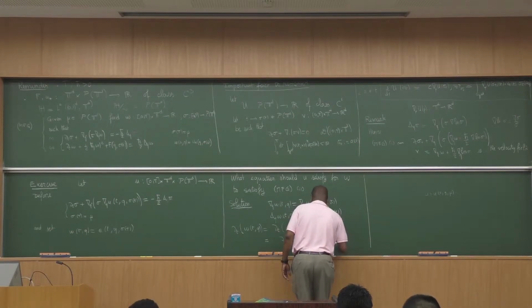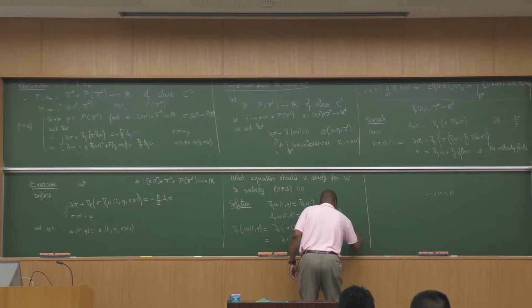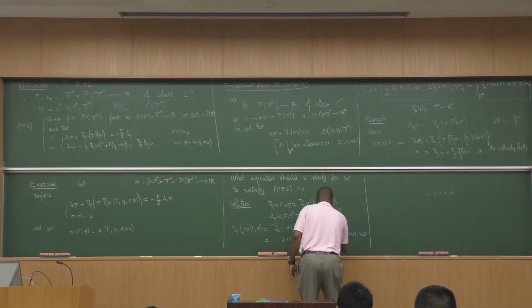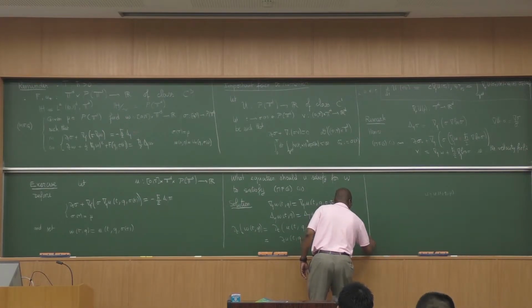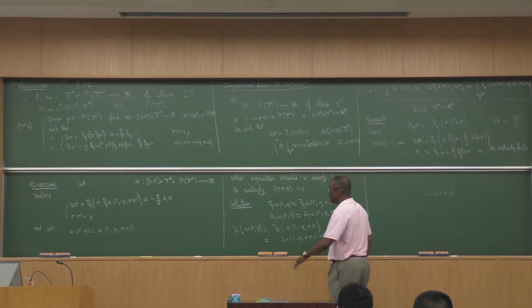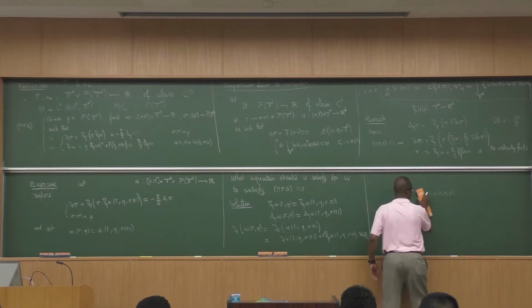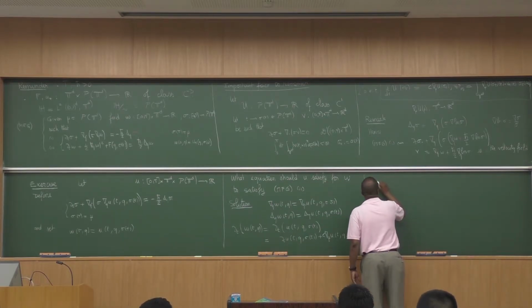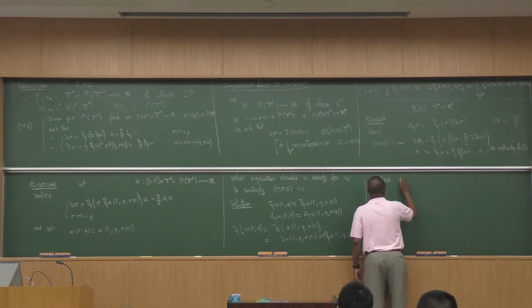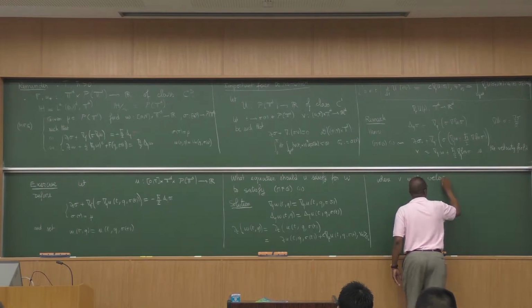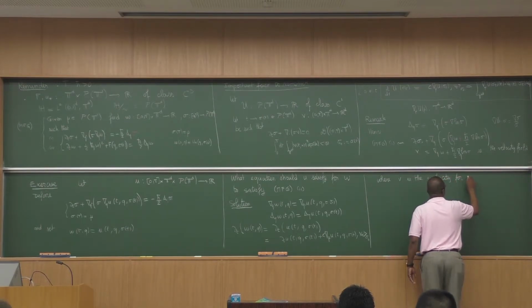the Wasserstein gradient of U at t, q, sigma t, applied to V t, where V t is the velocity for sigma.